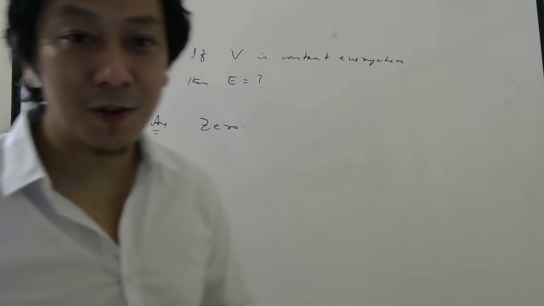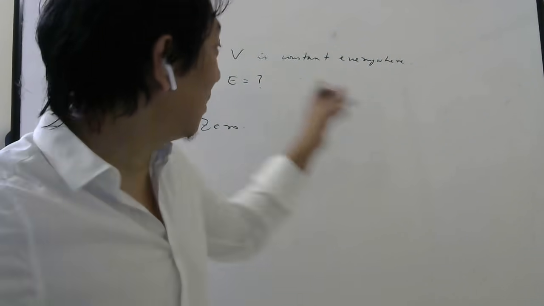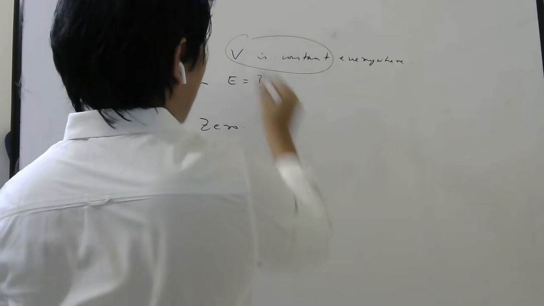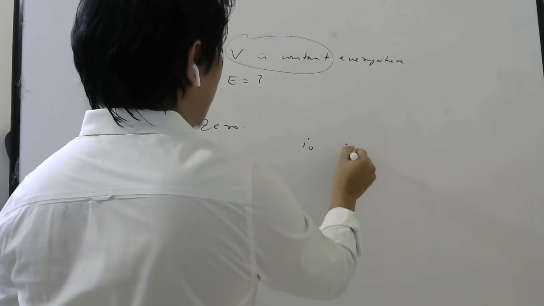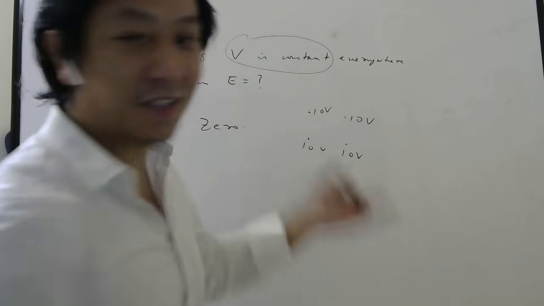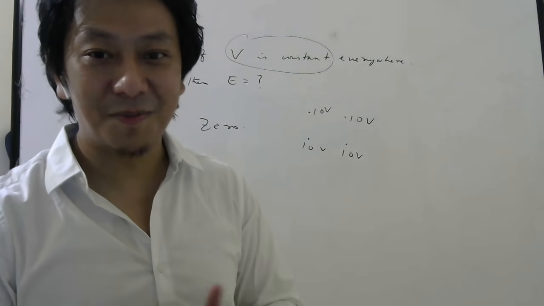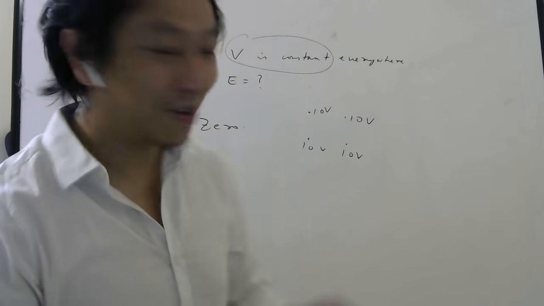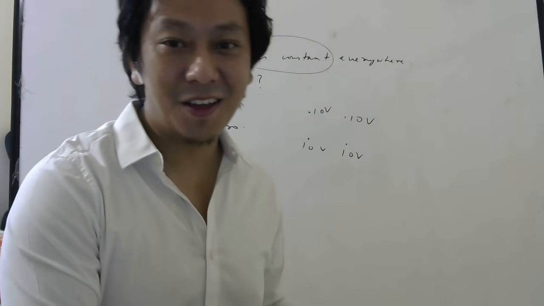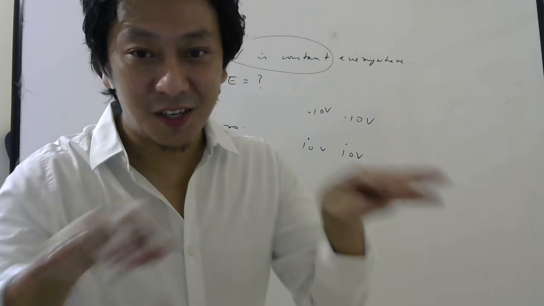The electric field is always from higher potential to lower potential. But if potential is constant, here also 10 volt, here also 10 volt, everywhere it is 10 volt, then there cannot be an electric field. All are 10 volt, so no higher, no lower, so the electric field cannot exist if the potential is constant.